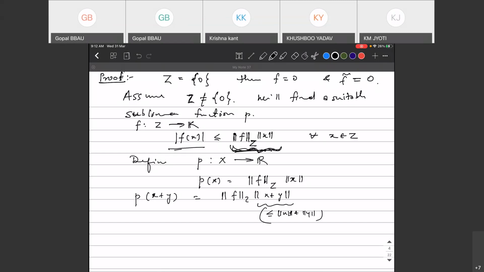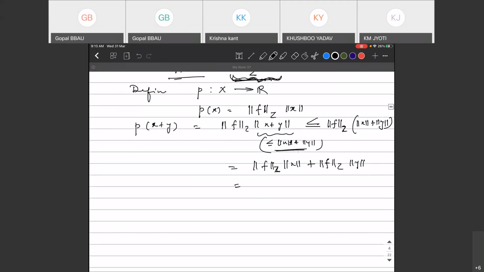So from this you will get norm f times norm x plus norm f times norm y, which is p(x) plus p(y).